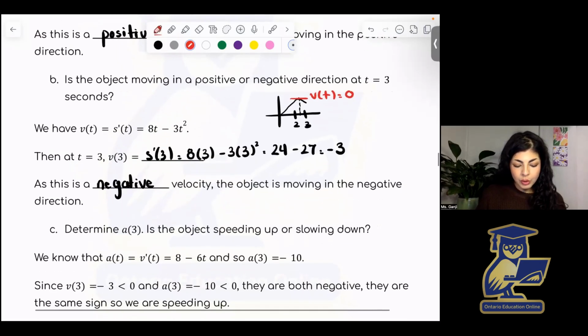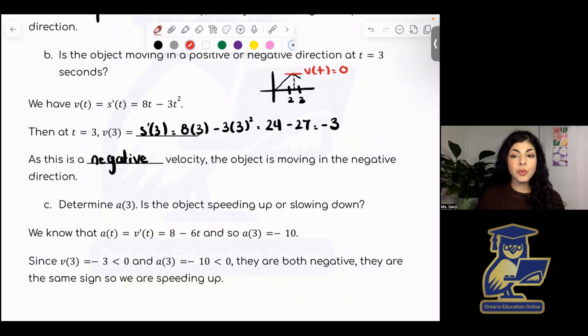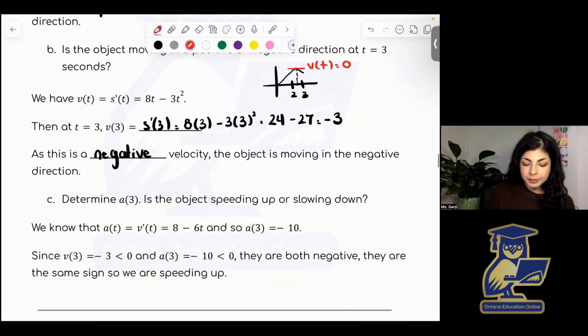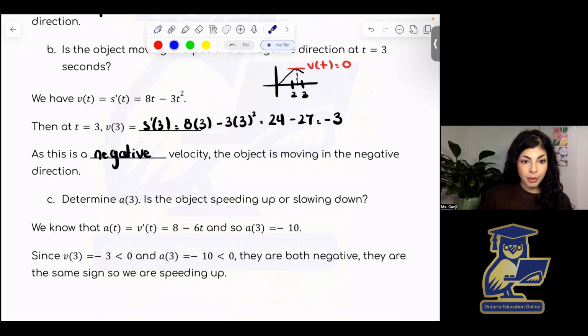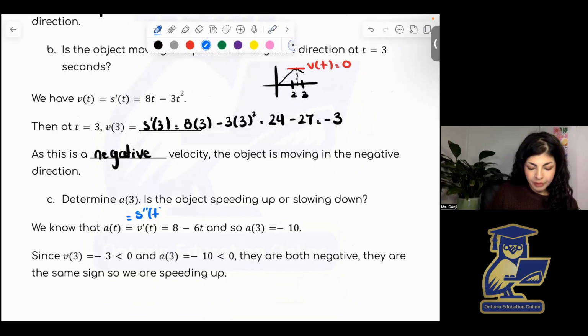Now, we're also asked for part C to find the acceleration at time t equals 3 and use that to determine if the object is speeding up or slowing down. So here, we first have to find a of t, and a of t is v prime of t. And this is also s double prime of t, so the second derivative of this displacement function.